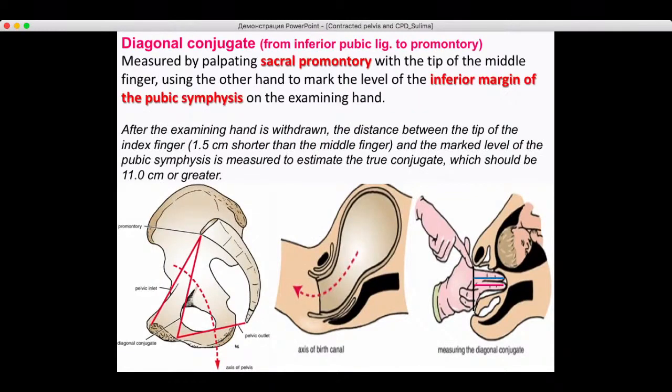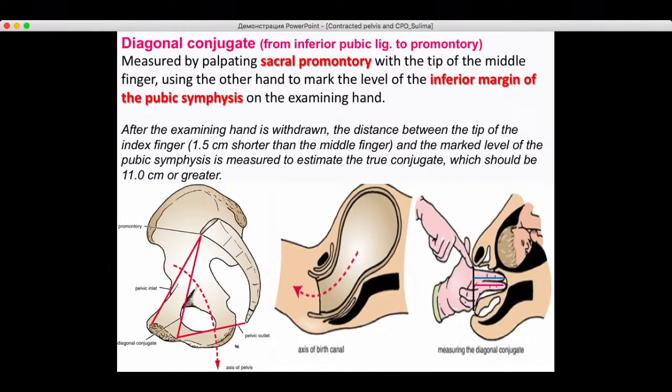Diagonal conjugate: from the inferior pubic ligament to the promontory. It is measured by palpating the sacral promontory with the tip of the middle finger, using the other hand to mark the level of the inferior margin of the pubic symphysis on the examining hand.